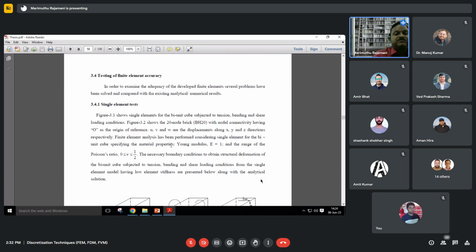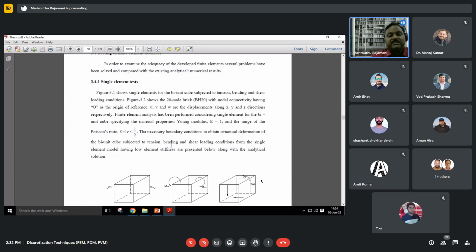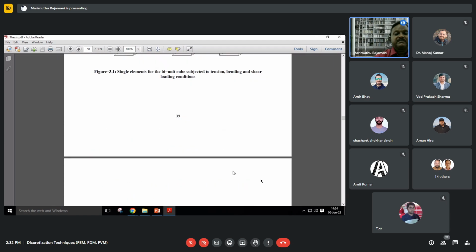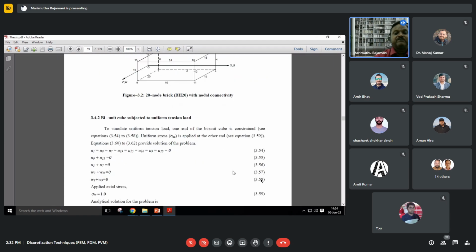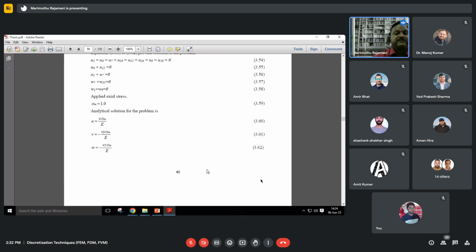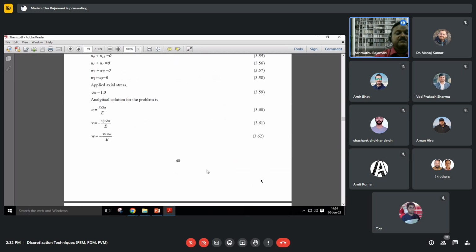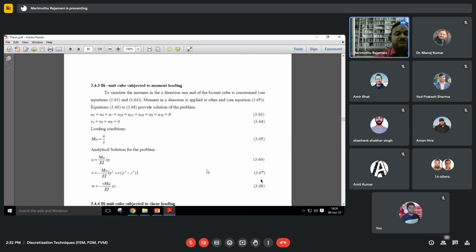This work was published in the International Journal of Pressure Vessels and Piping. We have taken a single element, and uniform stress was applied on either end, a moment was applied, and uniform shear was applied. And we are able to get matching results with the closed form results that we have also derived.